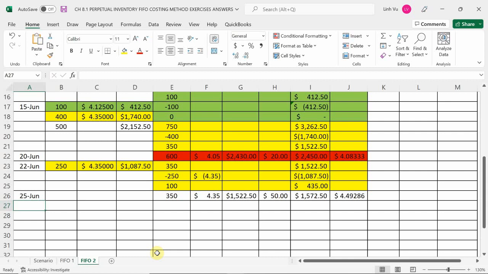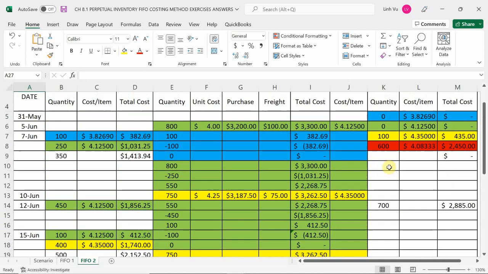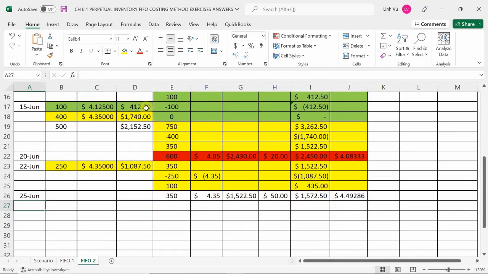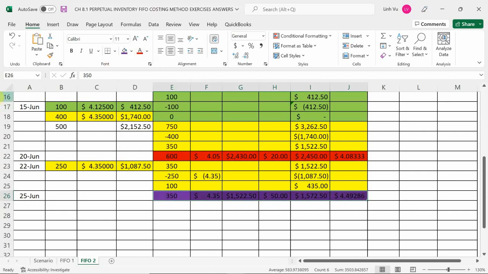Okay. So then I have to choose one last color. Let's see what other color I can use. So I'm going to use purple in this case. Okay, purple.